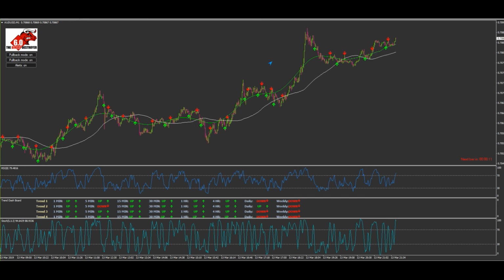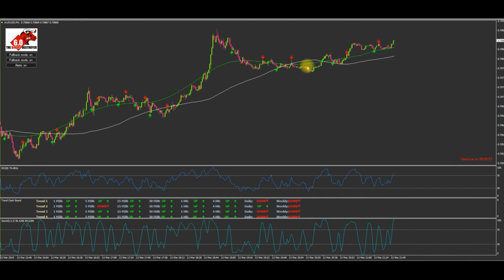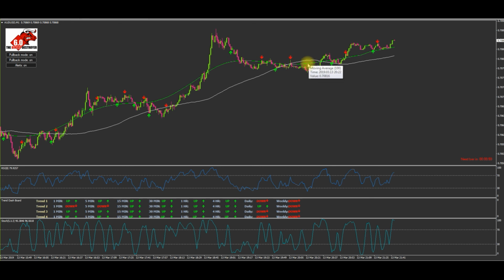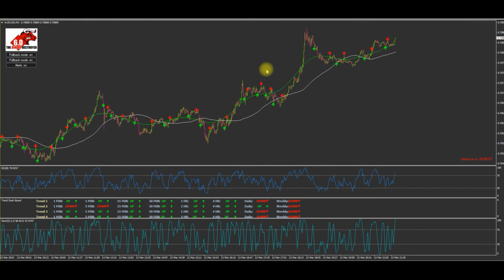If I zoom in here, just because we've got a crossover here does not necessarily mean the price is going to reverse. All this is a pullback, okay? So just be careful and remember that if you're going to trade this, it's an uptrend. Wait for the crossover, wait for the pullback, get into a trade.